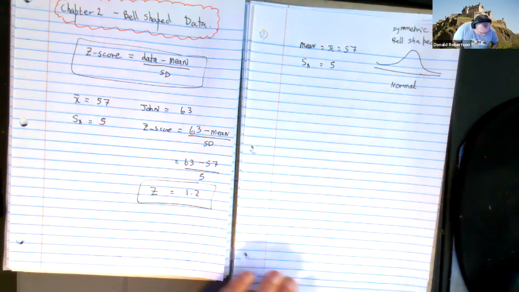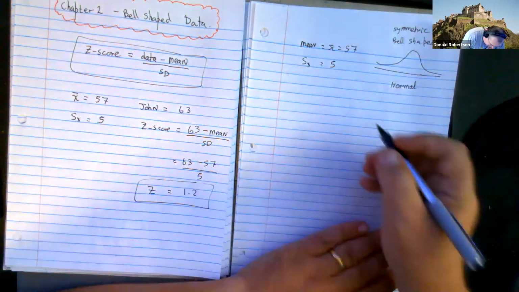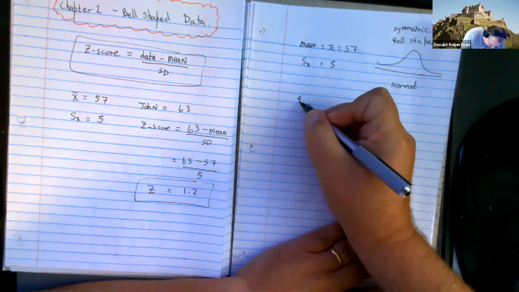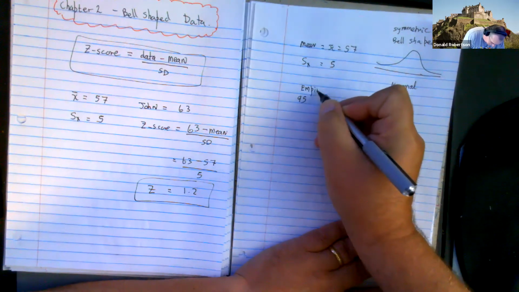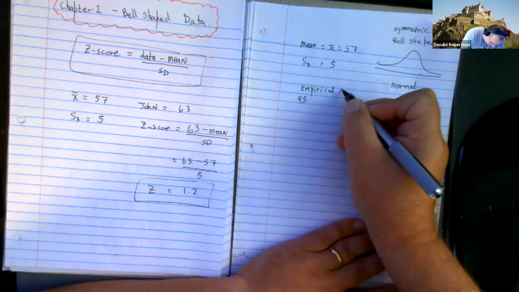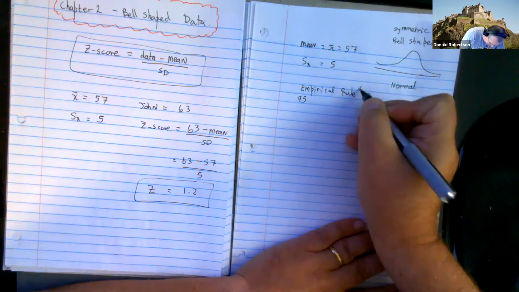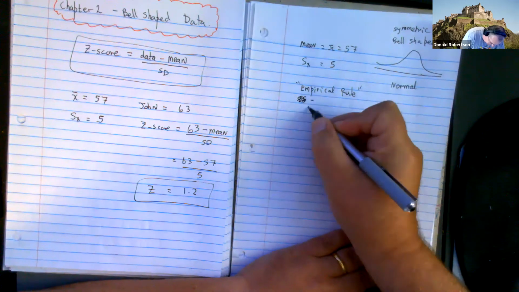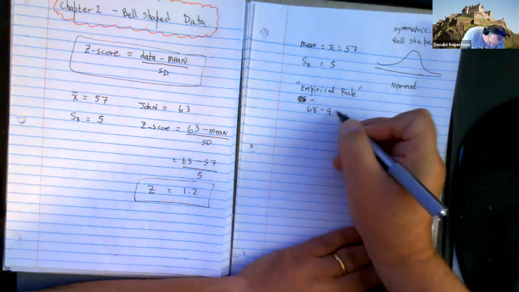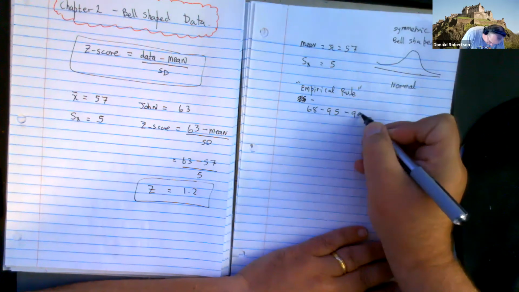Now, we are going to build a very special guy using what's called the empirical rule. I prefer the 68, 95, 99.7 rule.